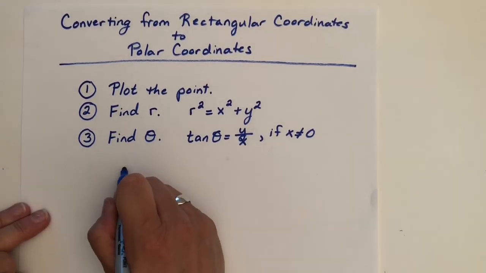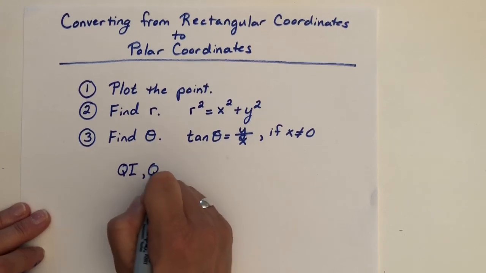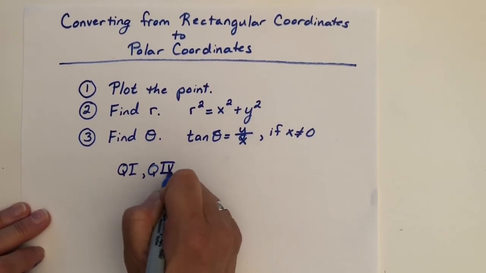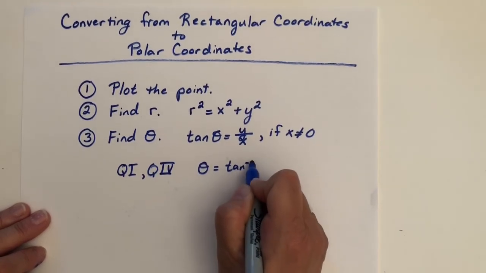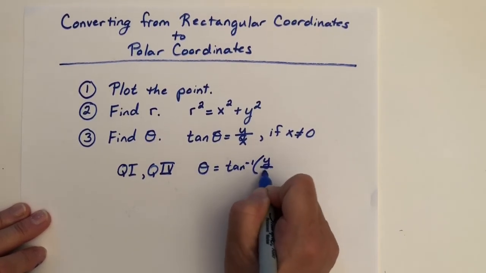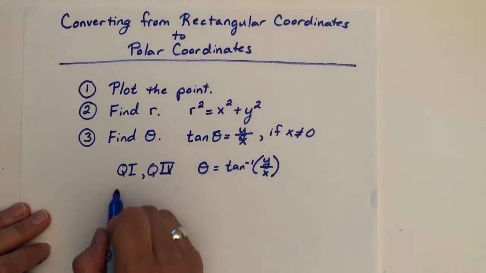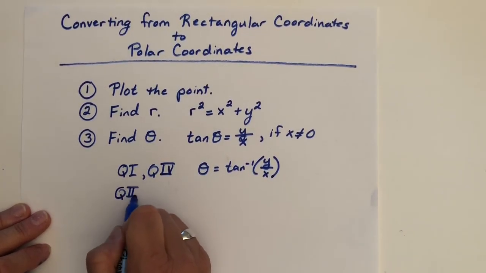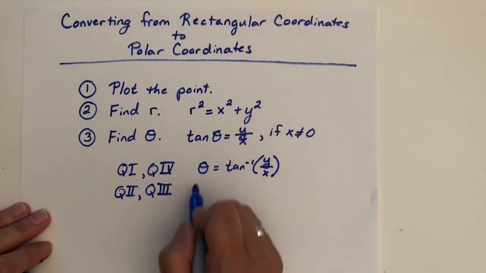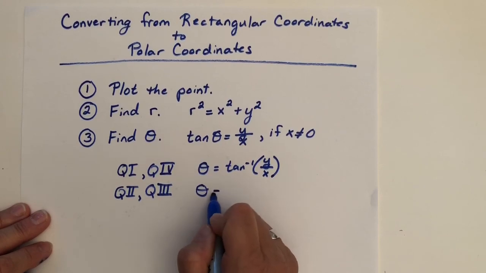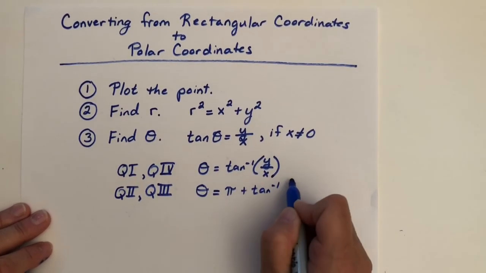So what I'm saying is if you're in quadrant 1 or quadrant 4, you can let theta equal the inverse tangent of y over x, assuming that you're going to let your r value be positive. But if you're in quadrant 2 or quadrant 3, then you need to make sure you add pi to that inverse tangent.